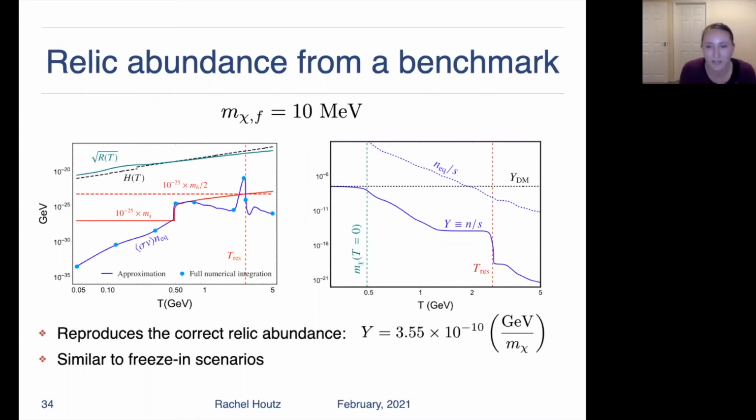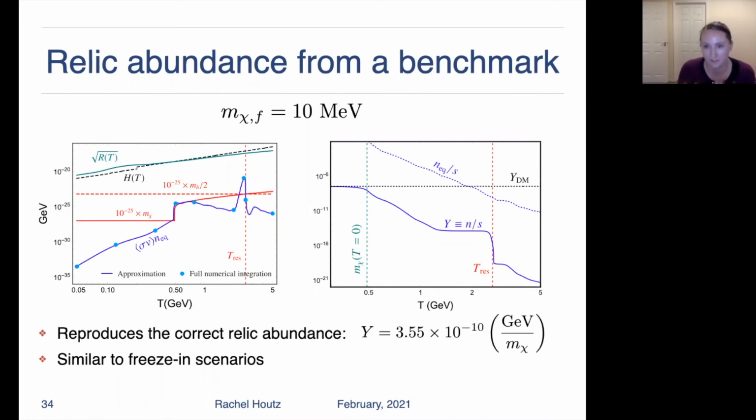The first important feature is the one we expected: the yield is going to see a bump and a significant increase right around the resonance peak. In the dark matter's history, that does occur. We've highlighted the resonance peak with this vertical dotted line, and the end of the phase transition is the vertical teal line.